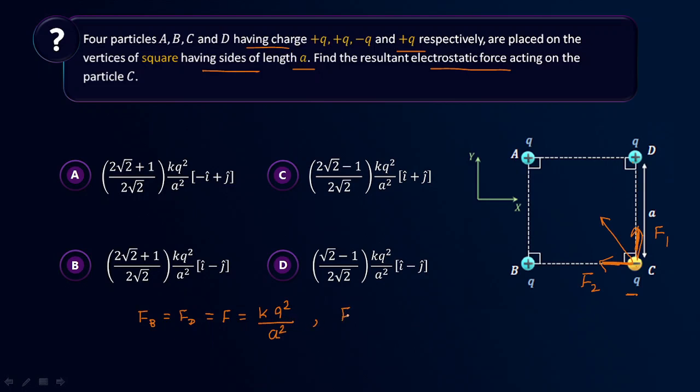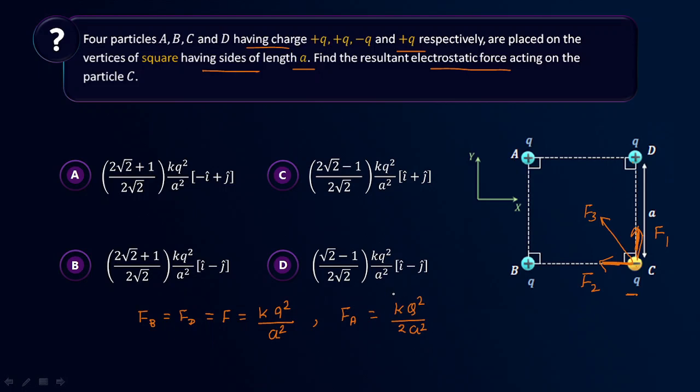Similarly, can I say that force due to charge particle at A, let us say this is F3, will be equal to K Q square divided by, now separation is how much? Diagonal. So A root 2. A root 2 square is 2A square. So this is force due to charge particle at A.